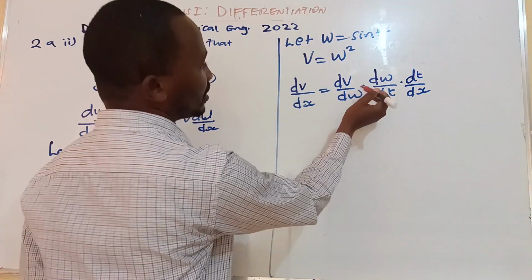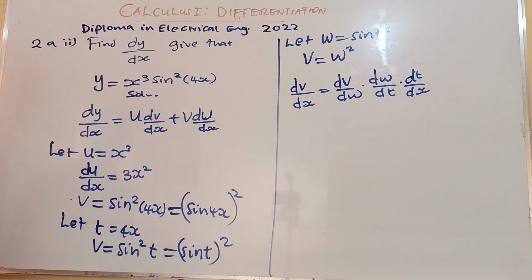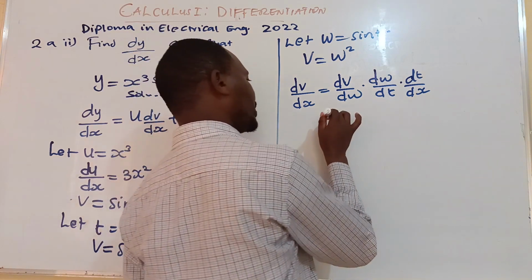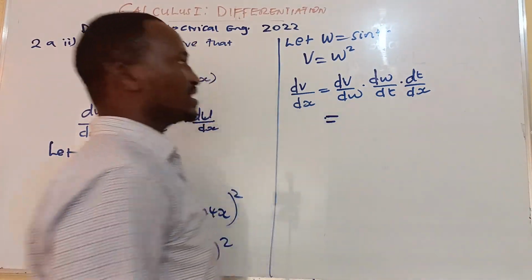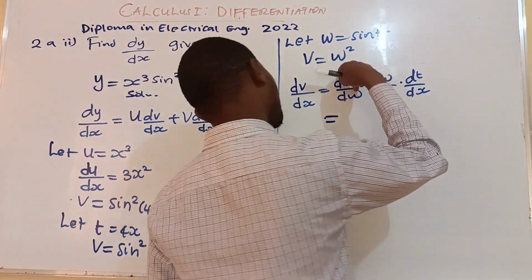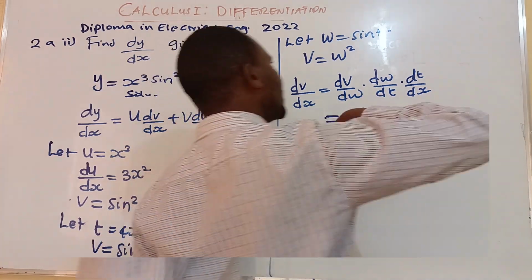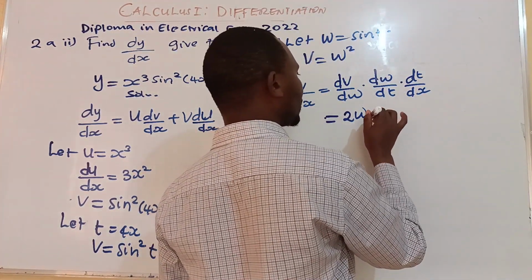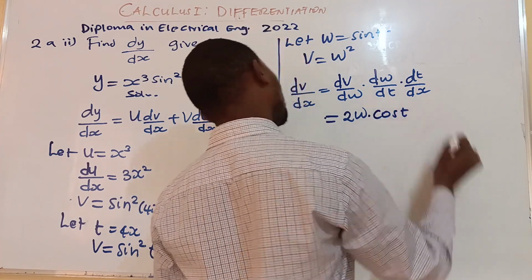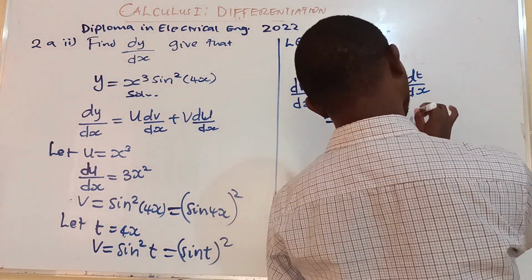Notice if you cancel dw and dt, you get dv/dx, which is what we want.